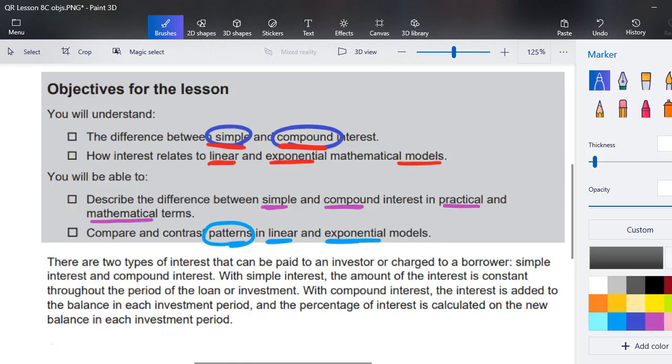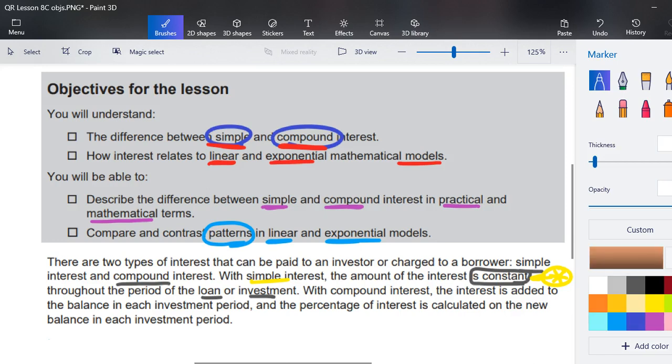There are two types of interest that can be paid to an investor or charged to a borrower: simple and compound. With simple interest, the amount of the interest is constant throughout the period of the loan or the investment. Highlight this, mark this, put yellow sticky notes, but with simple interest, the amount of the interest is constant.